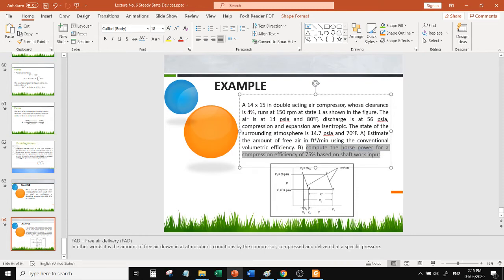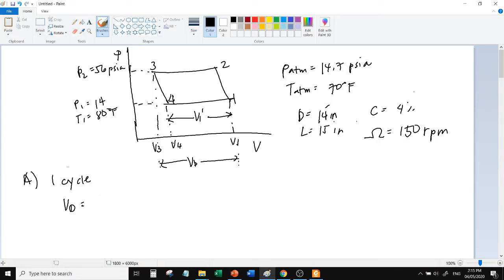So, let's assume na yung length ng stroke ay itong length na to. So, pi times d squared over 4 times L, diba yung displacement volume.